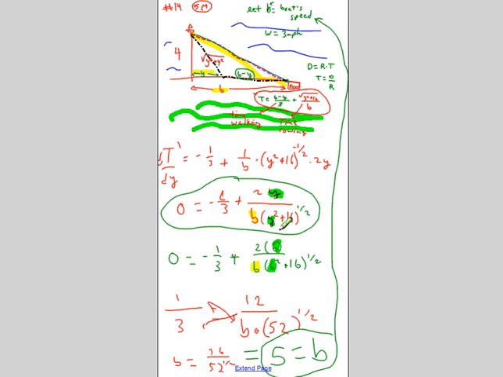And I wanted to make my y value 6 because that meant that I was rowing straight to shore, or straight to the fun spot.